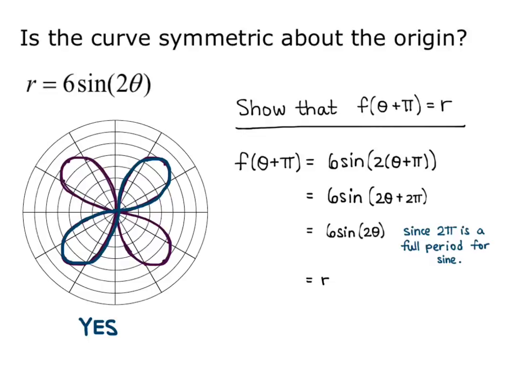For example, if I wanted to find the area inside all of the leaves of this rose, I could just find the area inside of one leaf and then multiply by 4, or maybe the area inside of half a leaf and then multiply by 8. So it can save me some calculations if I recognize the symmetries.